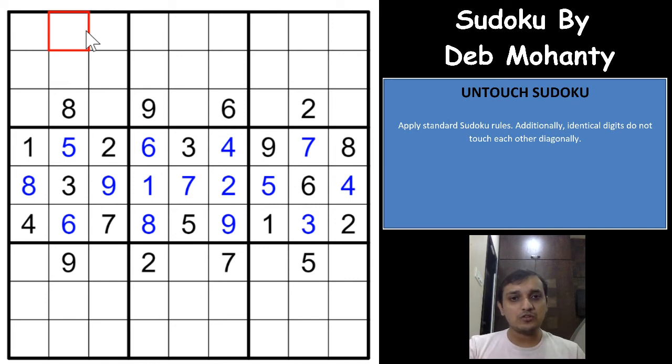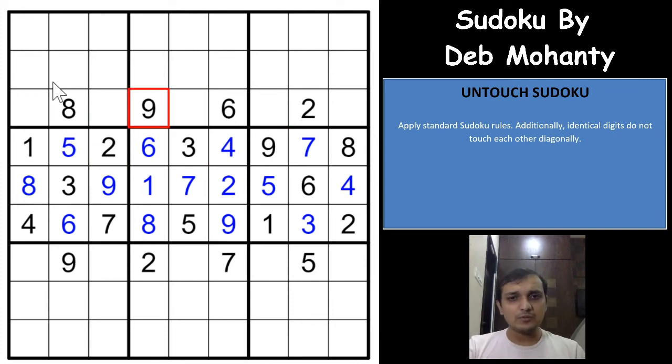Because you are speed solving, you are in a competition mode, and the faster you solve, the more points you score. So why I am going for the 3rd row is because there is a whole row, the 4th row, that is filled here, and because of the untouched property we might be able to eliminate a few cells and fill a few digits, right?